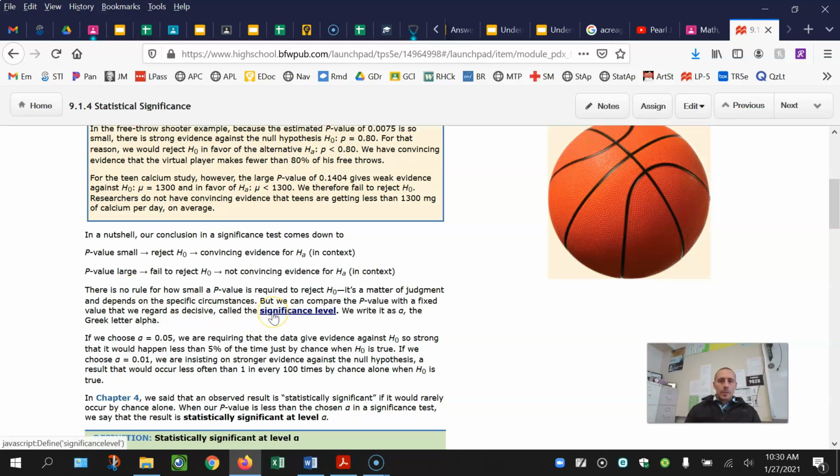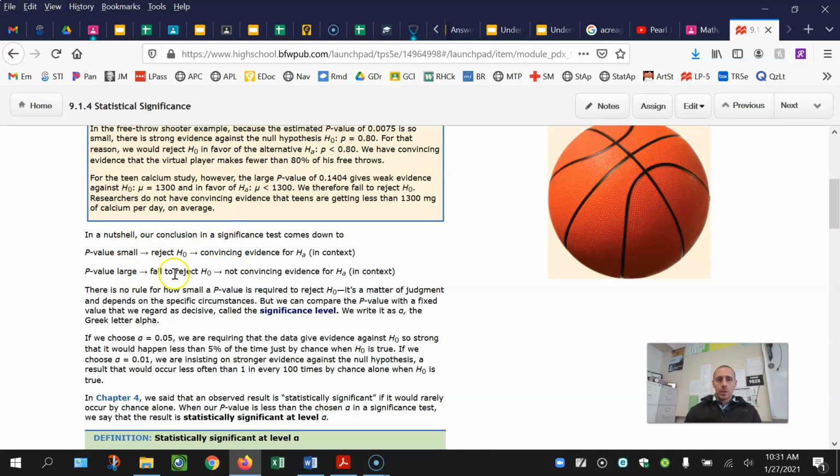So how do we make that distinction? We use what's called a significance level. And this isn't going to be shocking. Our traditional significance level is 5%, and we denote it with alpha. So if our probability is less than 5%, then we say the p-value is small and we run through this.